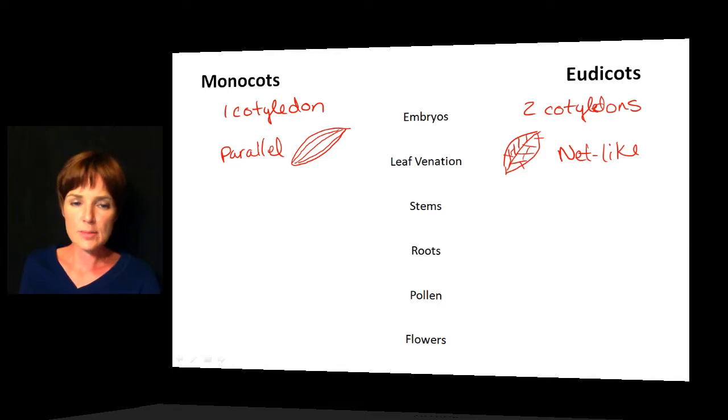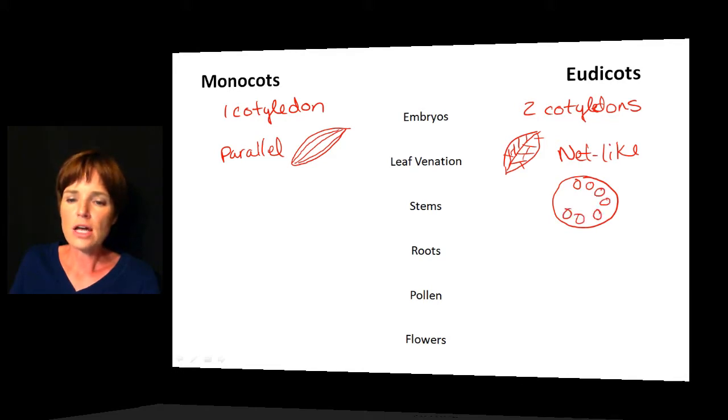As far as the stems are concerned, the vascular tissue is arranged a little differently in the two. So when we're talking about the eudicots, our vascular tissue is going to be arranged like this, so that once you get a mature stem, you do have the rings that perhaps you've seen before when you've seen a slice of a tree.